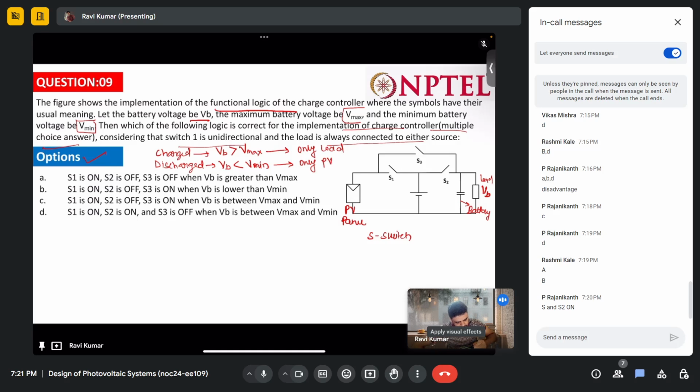So when it is greater than Vmax, it means it is fully charged. S1 is on, it means it is connecting with this PV, and it is only fully charged. So this condition should not be there. What do you think?